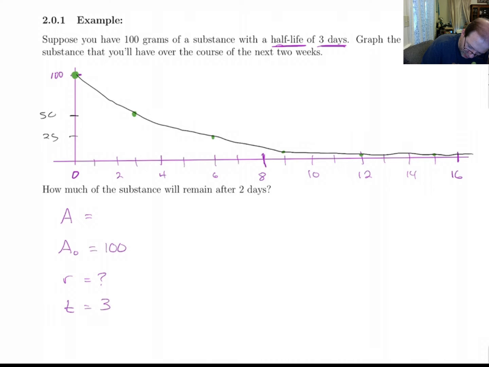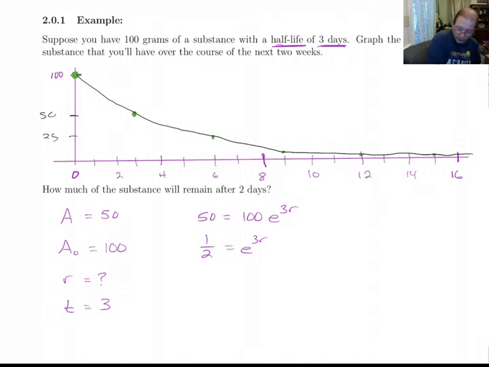After 3 days, we've got 50 grams left. So you can take this and plug it in. You get 50 equals 100 e to the RT, so e to the 3R. So divide that out, you get a half equals e to the 3R.